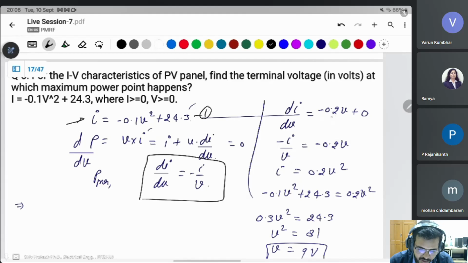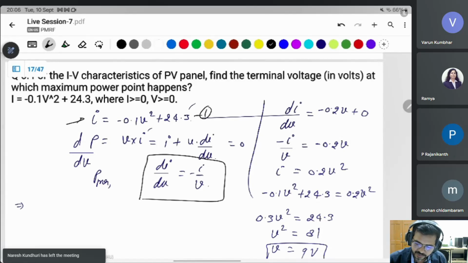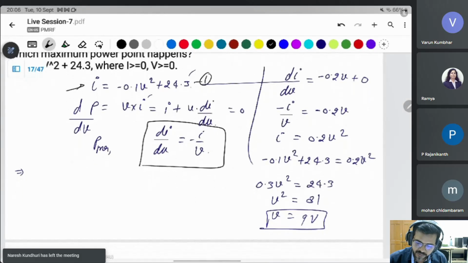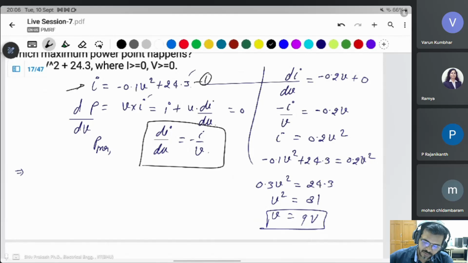Then this is 0.2V, and di by dV is the same as minus I by V for maximum power. Then put the value of I, same thing here, and calculate V. V is equal to 9 volt.